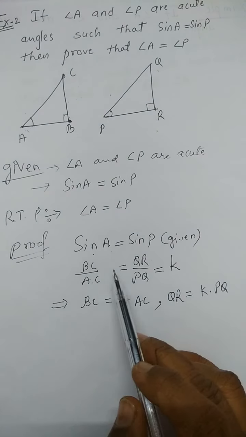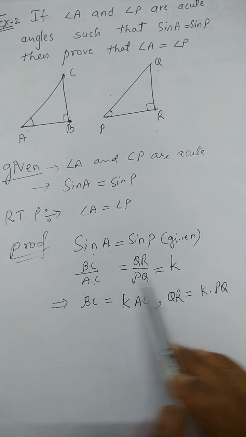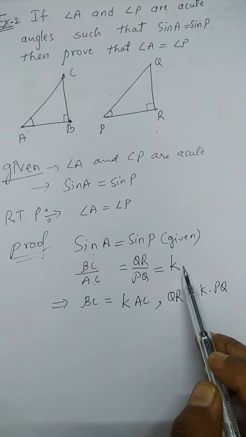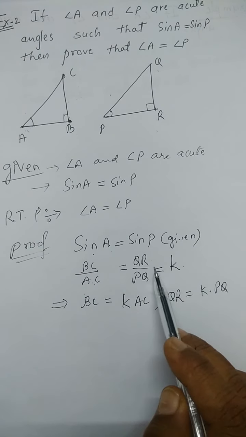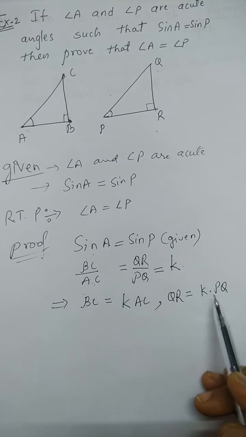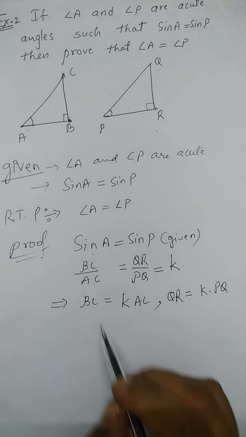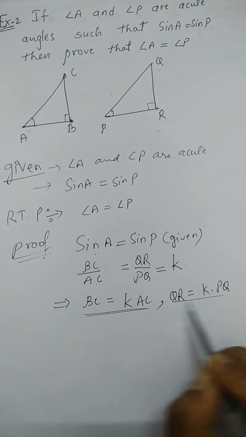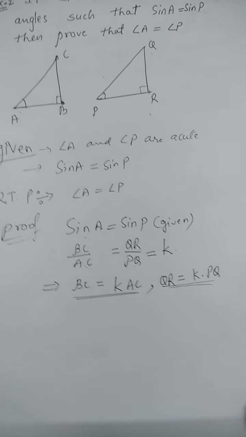Right, all of you? Here AC is divided, so it becomes K into AC. Here PQ is divided, so it becomes K into PQ. So this we have to substitute in the next equation.